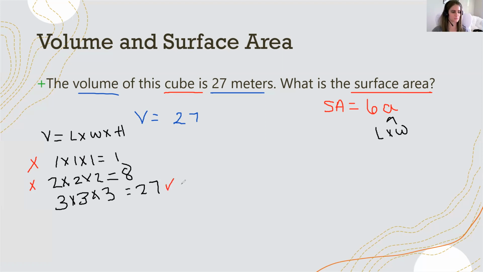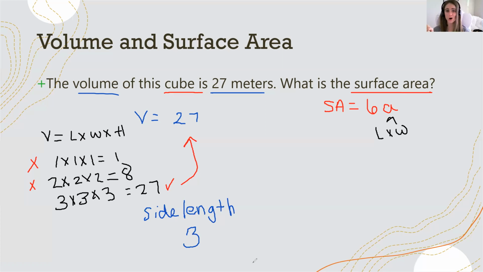That one works. So in order for a cube to have a volume of 27 meters, it needs to have a side length of 3.